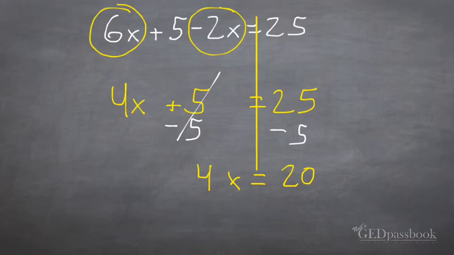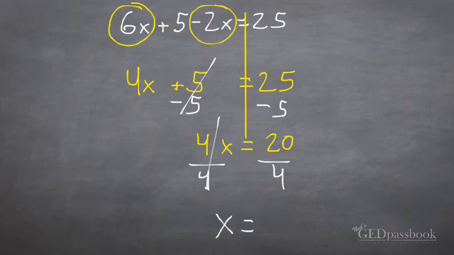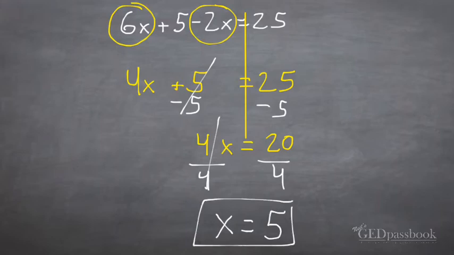Now you get rid of the 4. You've determined that you want to take the 4 out. How do you take the 4? You divide. Cancels out, gets thrown over there. My friends, x equals, what's 20 divided by 4? You just found your x.